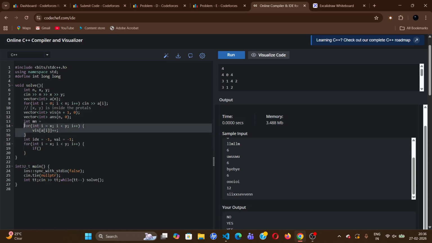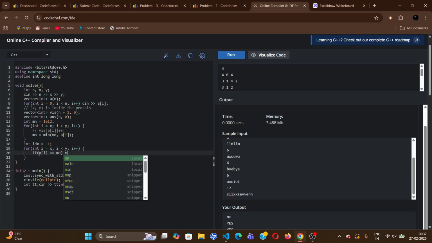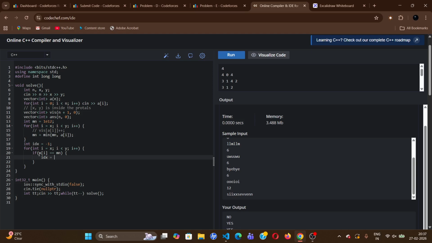Okay, I also don't need this. Now write x equals to x, not x.